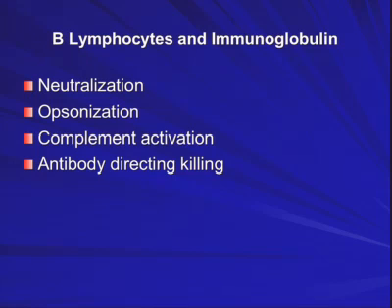Now, the largest group is the B lymphocyte, or the antibody component of the immune system. Over half of the immune deficiency disorders are in this category. Now, antibodies provide a lot of important functions in our immune system. One is neutralization.